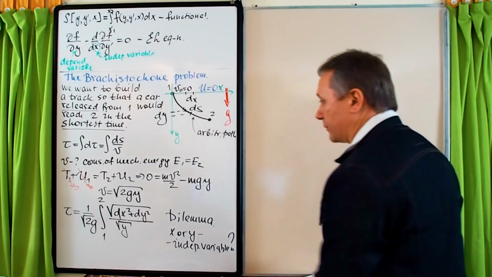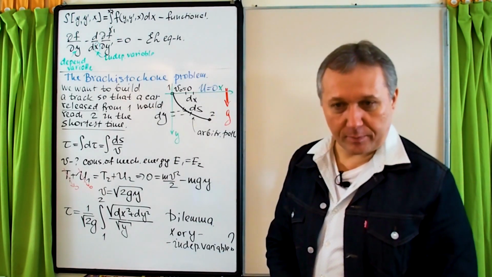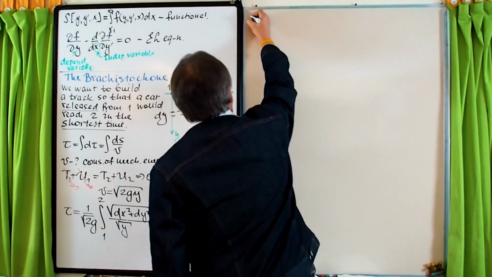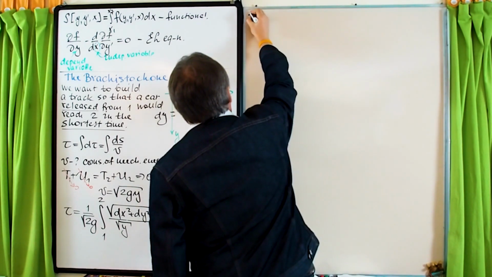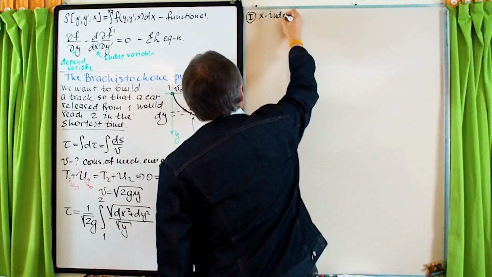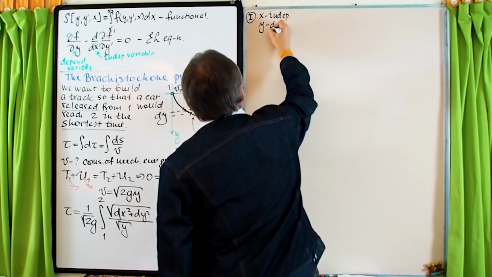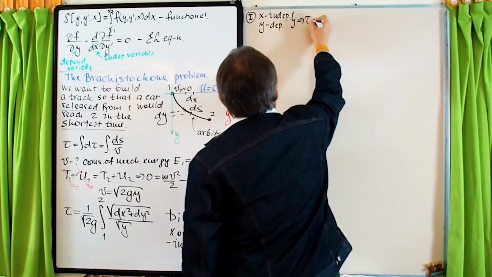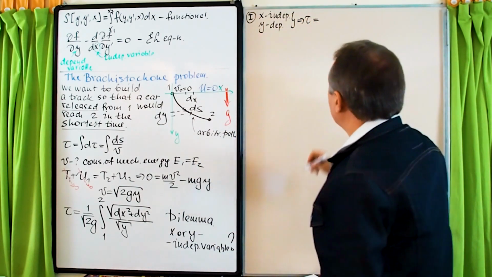So let's start with, for example, x as independent, and y will be in that case dependent. In that case, our functional is going to look like this.